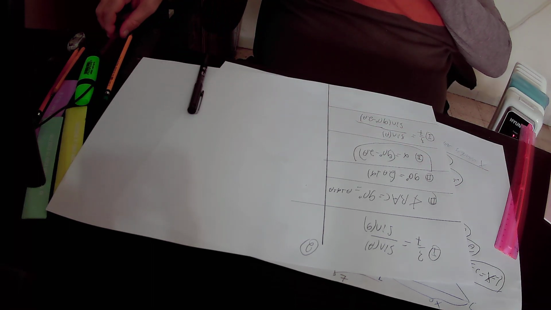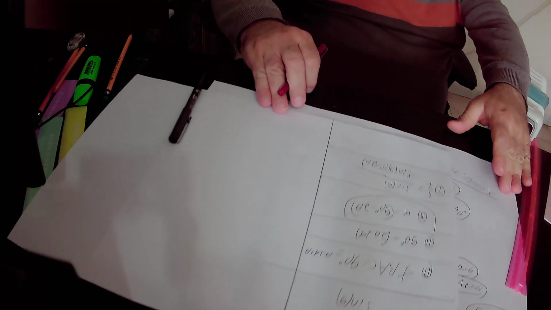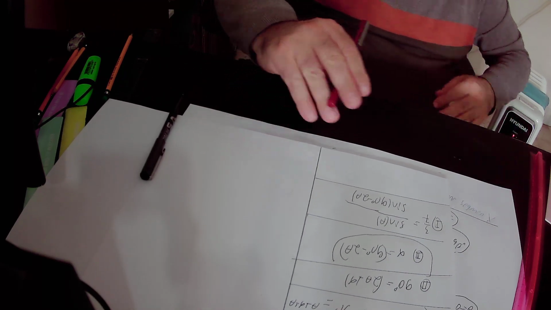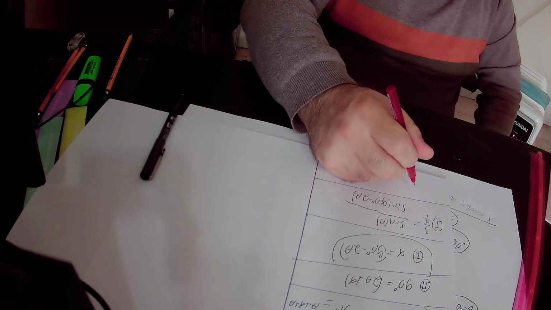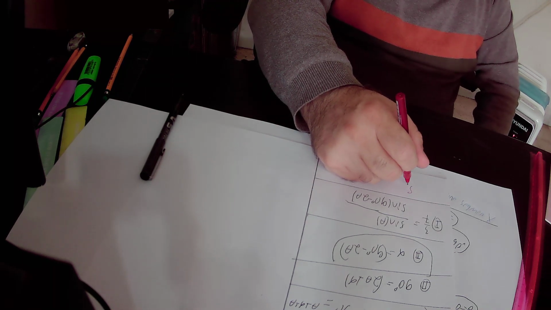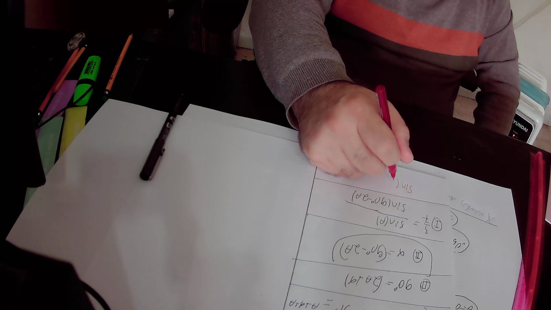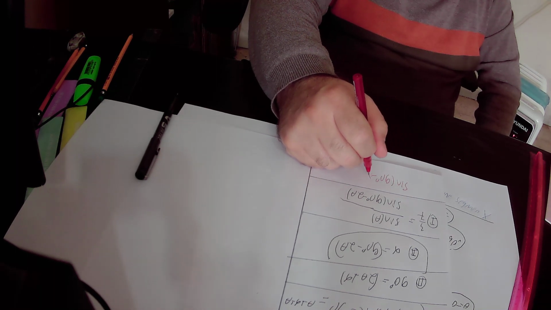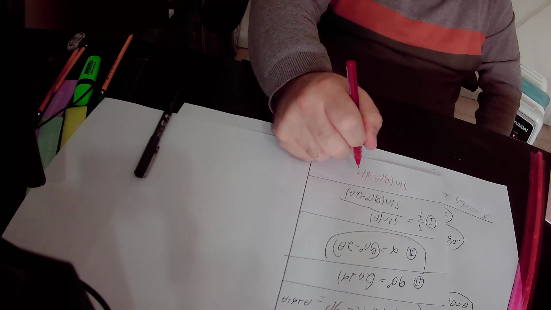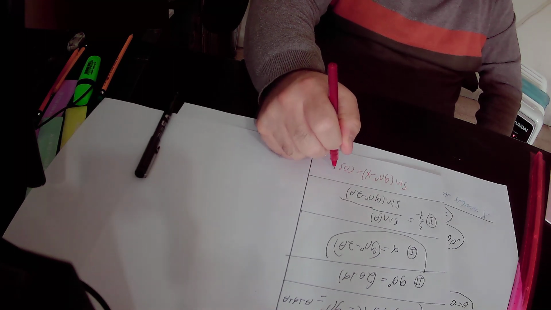And we actually have the trigonometric identity that states that sine of 90 degrees minus x equals cosine x.